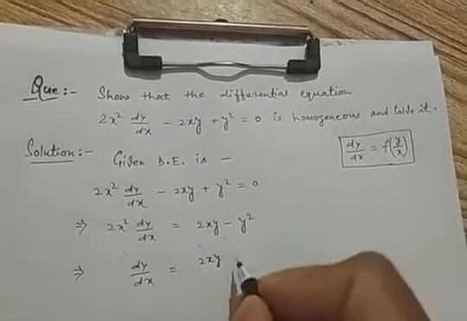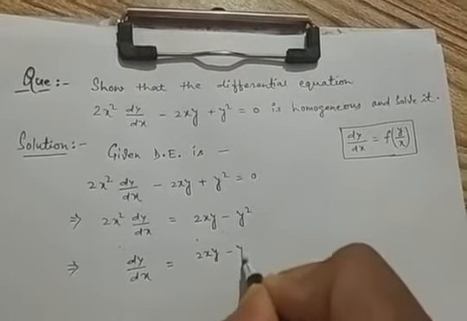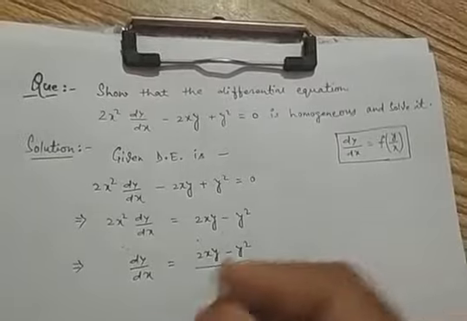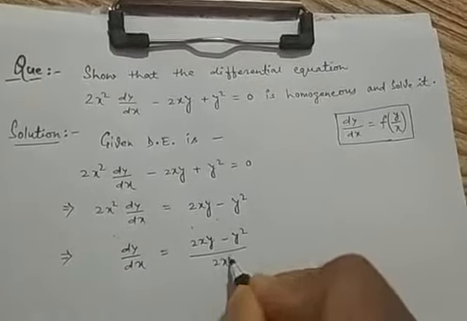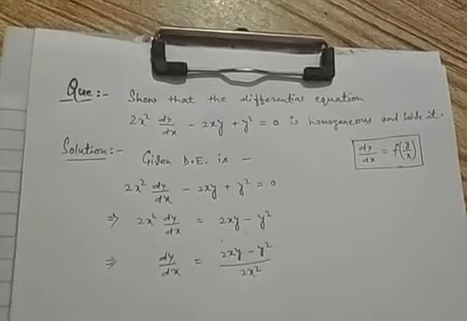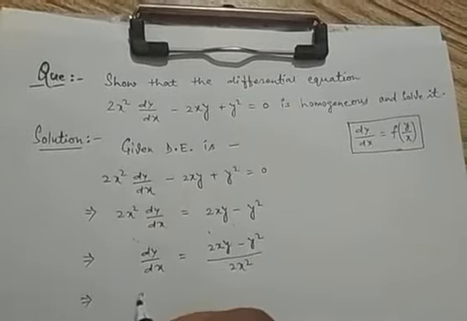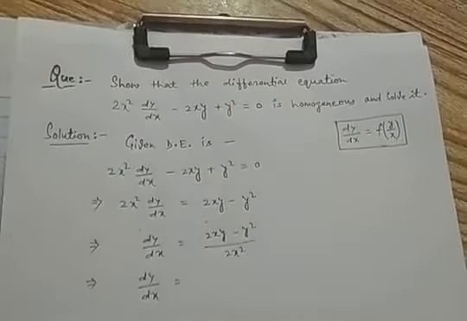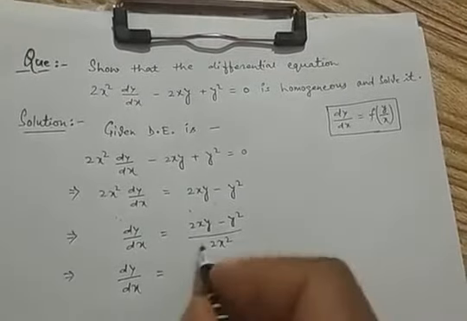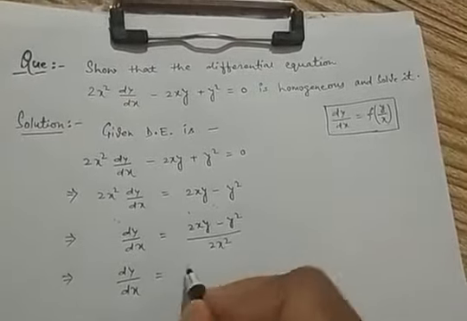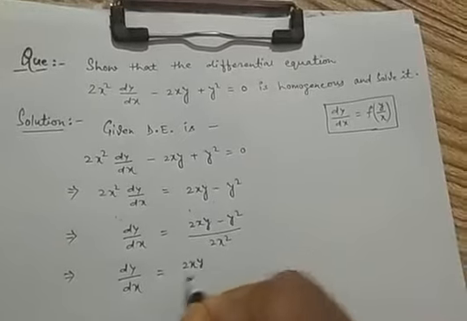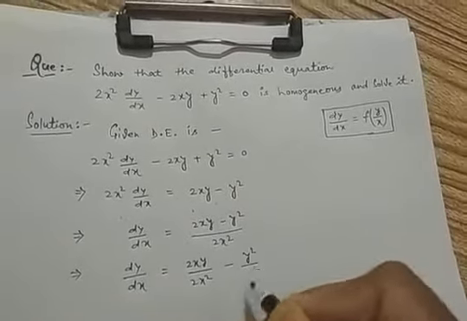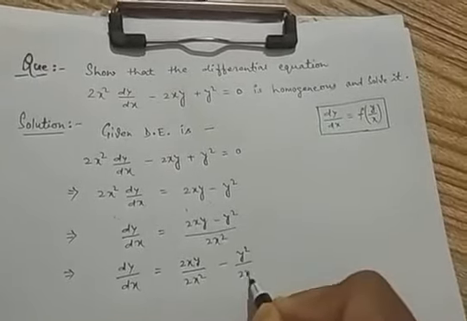2xy minus y square upon 2x square. Okay, this implies dy upon dx equal to 2xy upon 2x square minus y square upon 2x square.